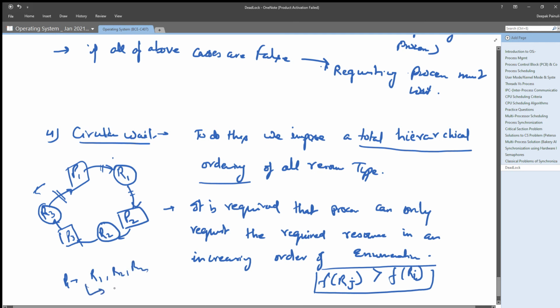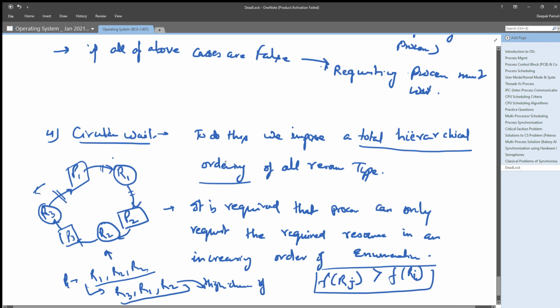It will not request R3, then R1, and then R2, because if it requests in increasing order of enumeration, there will be less chance of circular wait, right? And if it is ordering randomly, and we are unable to ensure hierarchical order of those resource types, then there will be a high chance of circular wait being created in the system.